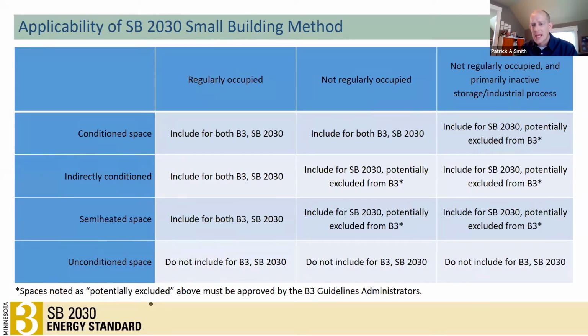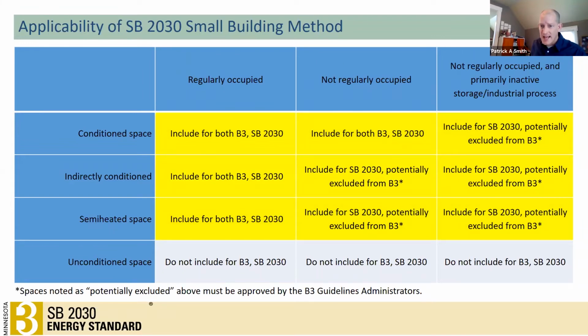So the occupancy really drives, for the B3 guidelines, whether you're including the square footage towards the 20,000 square feet, whereas we're really looking at conditioned space, even if it's semi-heated, for SB 2030, because it really is an energy program. And so we look at occupancy for all the IEQ things under B3, and for SB 2030, we're really looking at how much heat you're putting into these for conditioning.